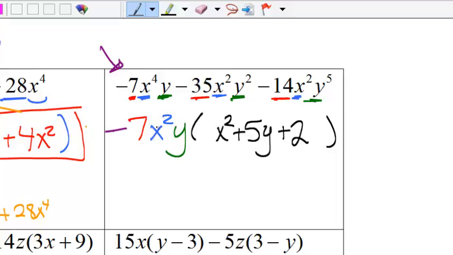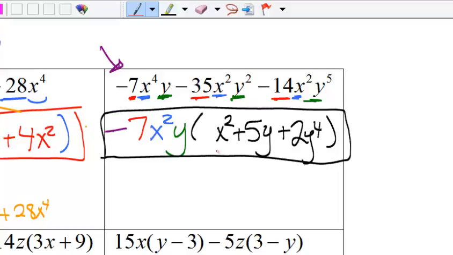X squared divided by x squared is 1. I don't need to write it because I already have a 2 there. Y to the 5 divided by y is y to the 4. This is the factorization. I can look inside the parentheses between x squared, 5y, and 2y to the 4th and see that there's nothing else common, so I know that I've completely factored.